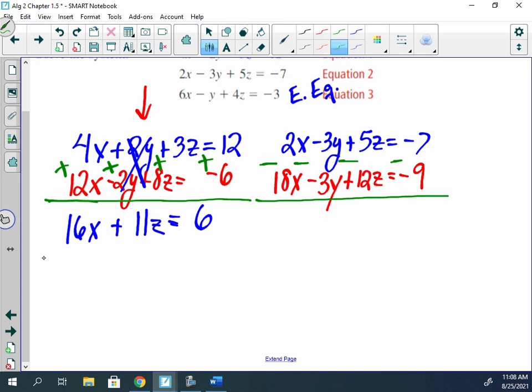2x minus 18x is going to be negative 16x. I just wanted it in blue. Negative 3 minus negative 3, well, a negative and negative make a positive, so negative 3 plus 3, or 3 minus 3 is 0, so this would be 0.